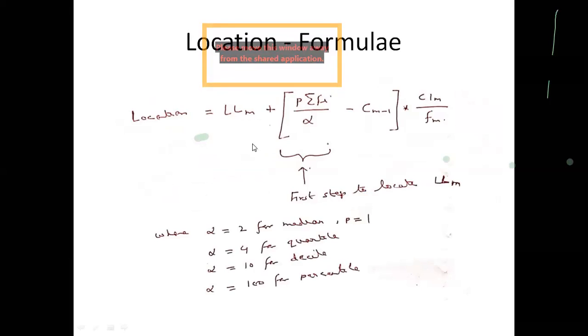I will discuss just a single formula which is applicable for all measures of location, which all of you should remember. Location can be obtained by using this formula: L plus, in the bracket, P into the summation of frequencies, that is the total number of cases, divided by alpha, minus the cumulative frequency of the previous class, multiplied by the class interval, divided by the frequency of the class of interest.